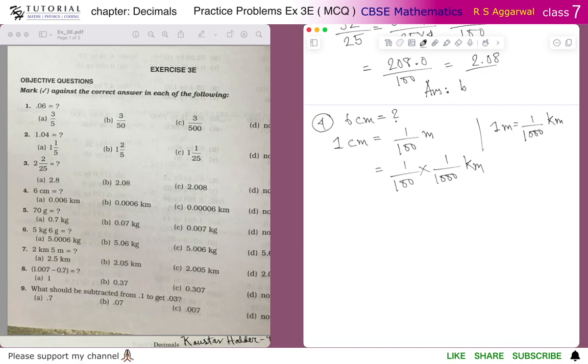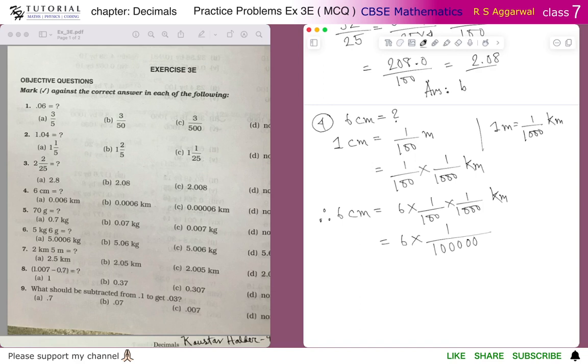Therefore 6 centimeter equals 6 into 1 by 100 into 1 by 1000 kilometer. So we have to do this multiplication. Let's multiply all the powers of 10, and if we multiply 100 and 1000, we get 1 lakh.